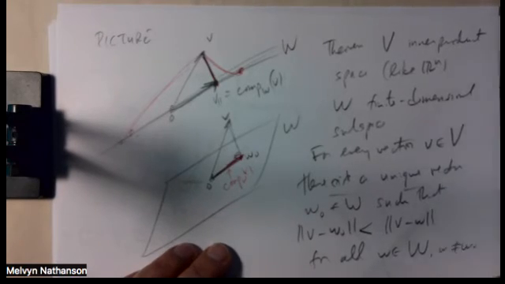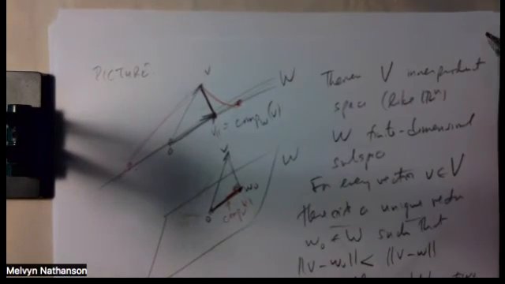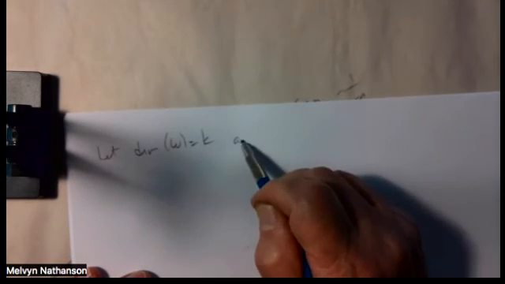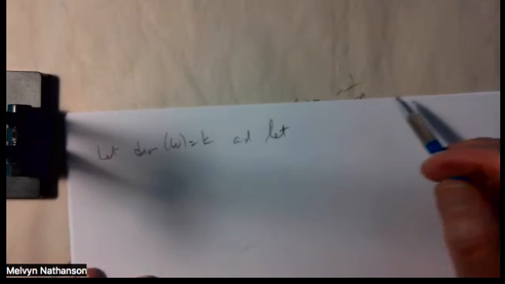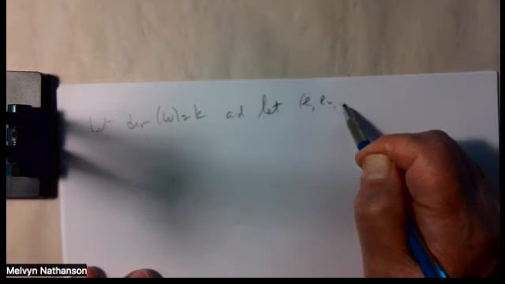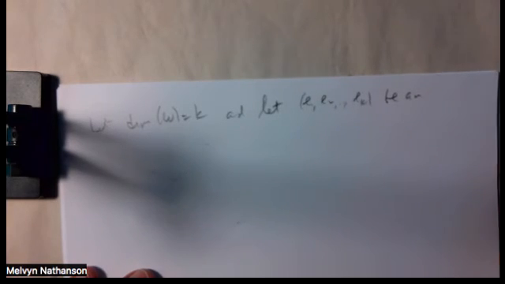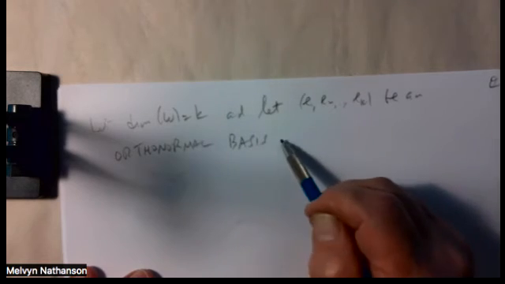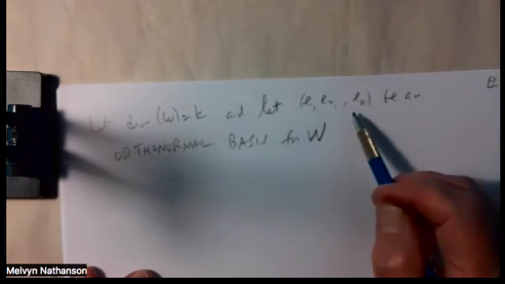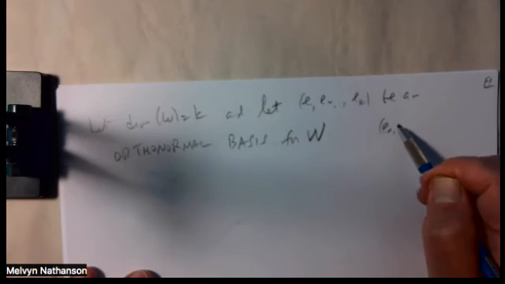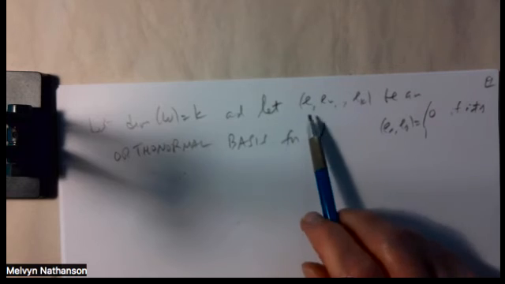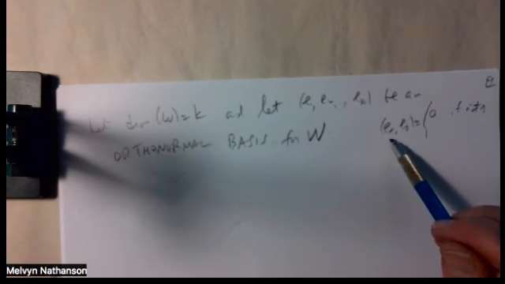The simplest way to prove this is to pick an orthonormal basis for W. Let the dimension of W be equal to K, and using the Gram-Schmidt process, for example, you can always find an orthonormal basis, E1, E2 up to E sub K, for W. So that means, first of all, this is a basis for W. The inner product of any two vectors in this basis is equal to 0 if I is different from J. So every two different vectors in this basis are perpendicular to each other, their inner product is 0.